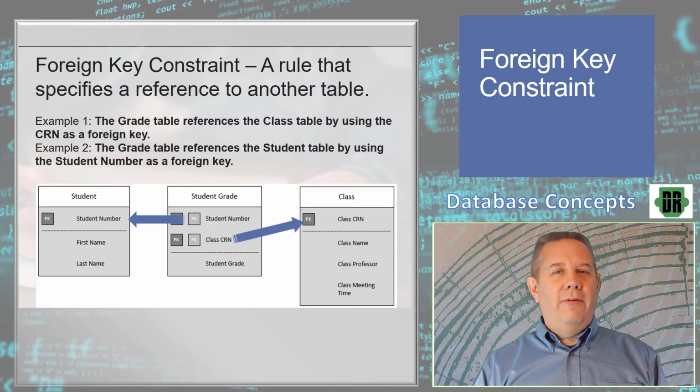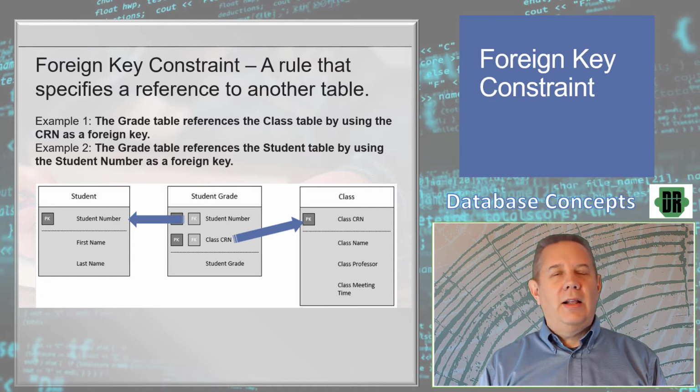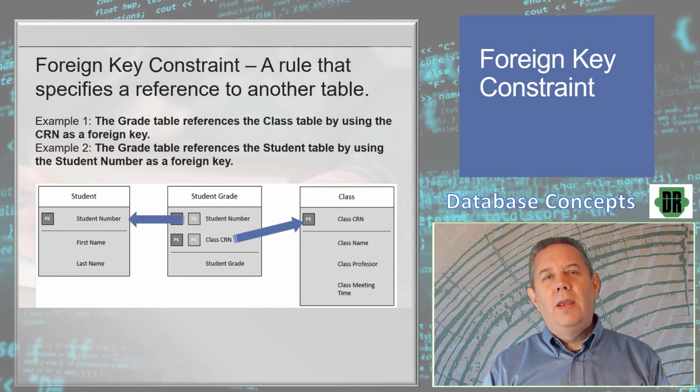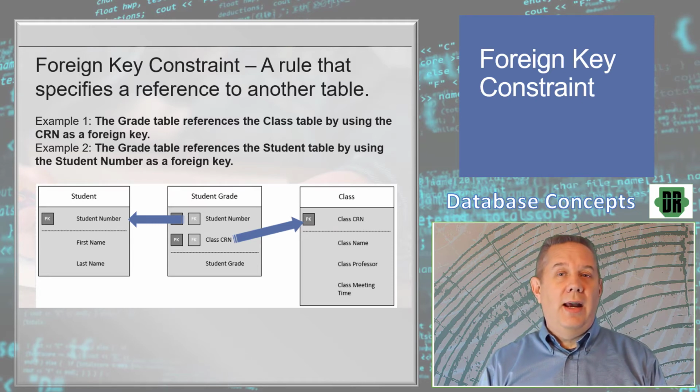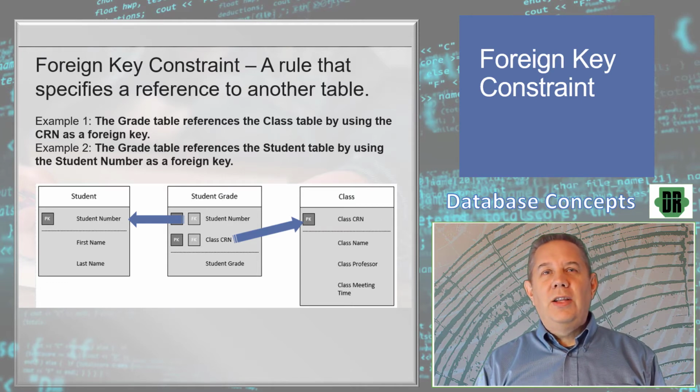You can have a foreign key that doesn't have anything to do with the primary key of a table. But in this case, we have the student grade table, and both the student number and the class CRN are the primary key for this particular table. So the grade table references the class table by using the CRN as a foreign key. And the grade table references the student table by using the student number as a foreign key.